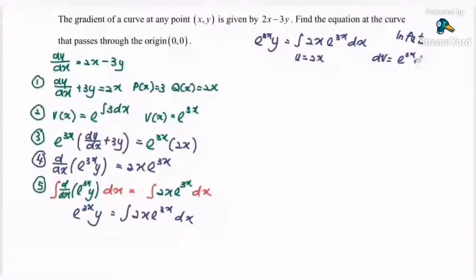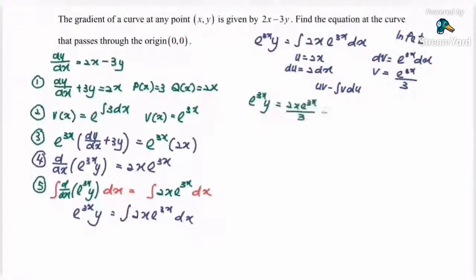Kindly substitute the situation into the formula uv minus integrate v du, and we will have e 3x multiplied with y is equals to 2x e 3x over 3 minus 2 over 3 integrate e 3x with respect to x.